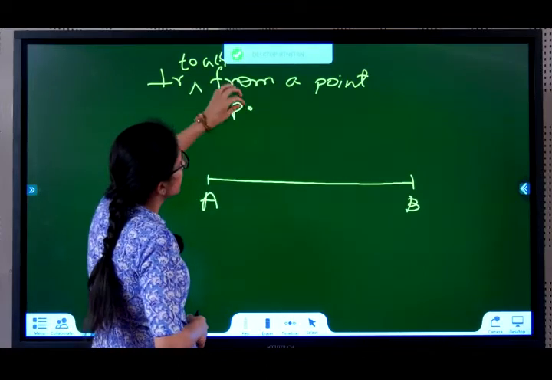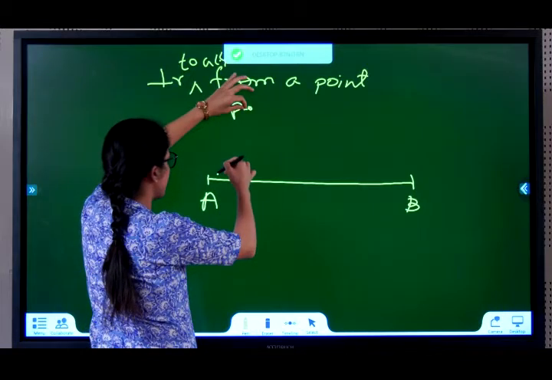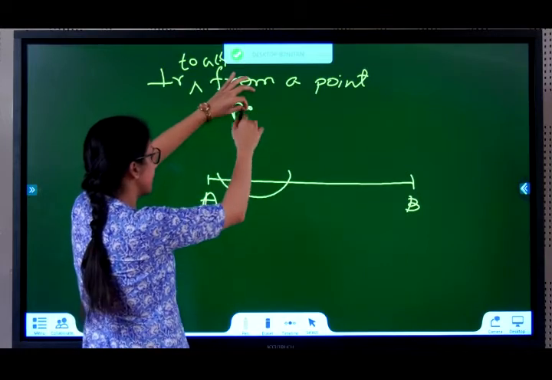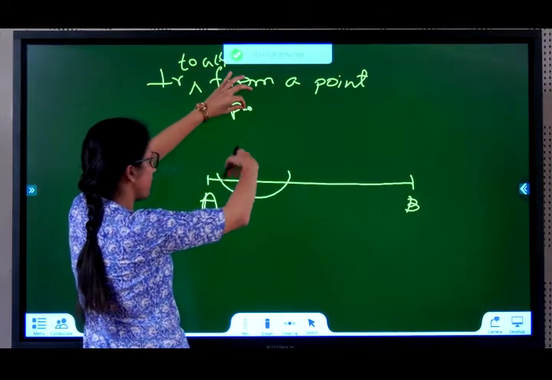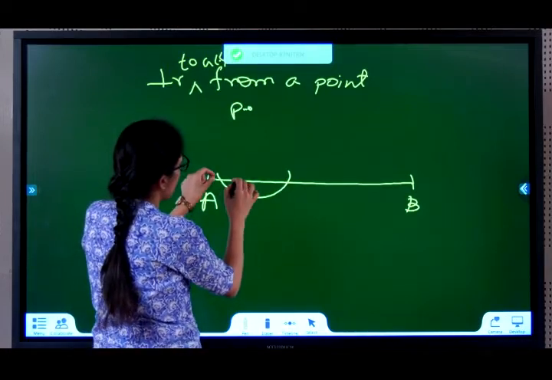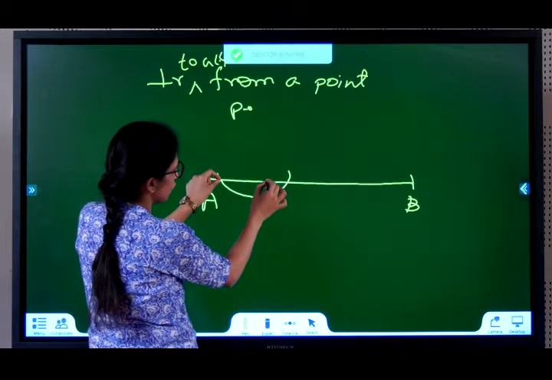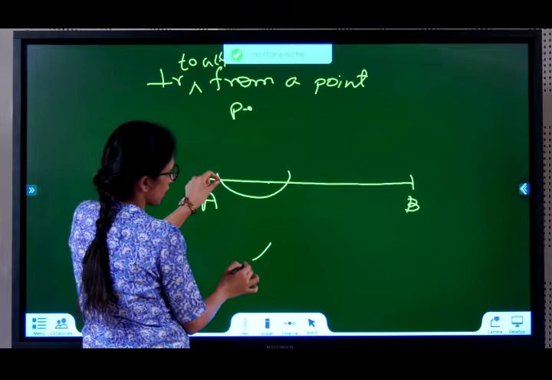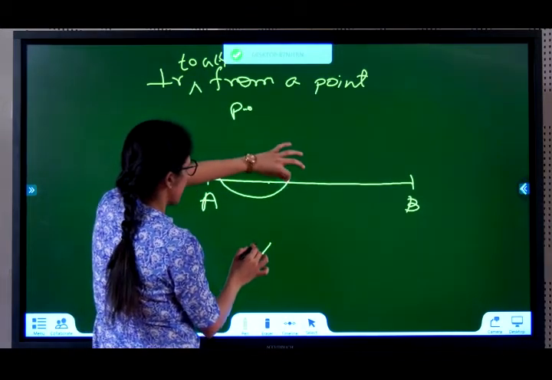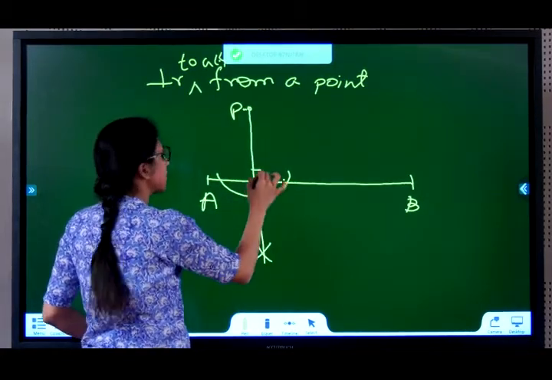Keeping your needle at P, choose a radius such that the arc cuts AB like this. Now bring the needle here and measure more than half of this line segment. Cut an arc. With the same radius, go here and cut the arc. Join these two. This will be a perpendicular.